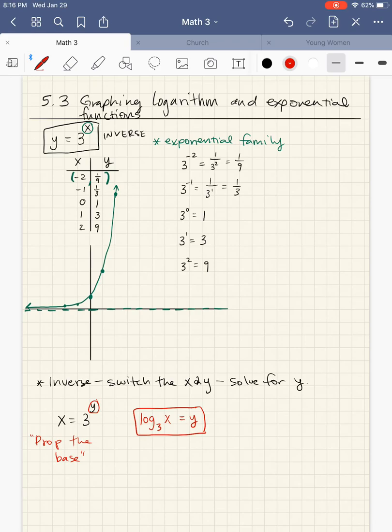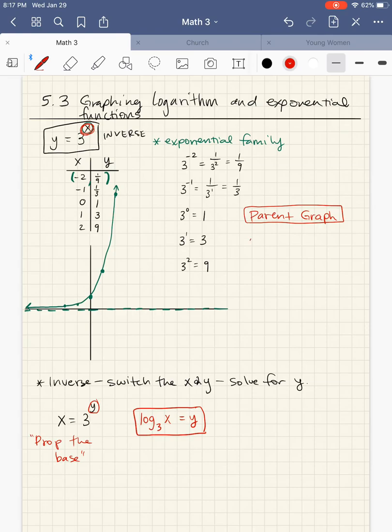So this graph right here is what the exponential family looks like. So let's recap really quick. For the parent graph, there's a couple of key features for exponential. And we know this is exponential because this exponent has our variable.